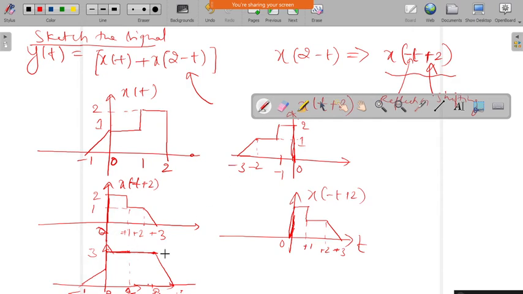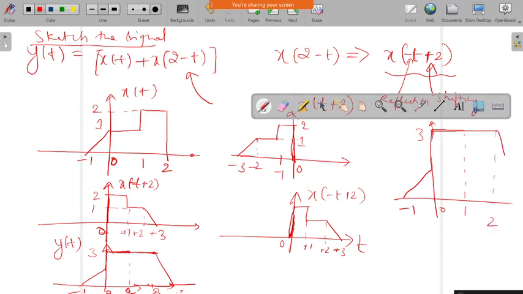So this is x of t plus x of 2 minus t, which is nothing but y of t. I'll write once more how the signal came: minus 1, and it will go to 3, and it is staying till 1 and 2, and then a decaying ramp from 2 to 3. So this is what you will get as y of t.